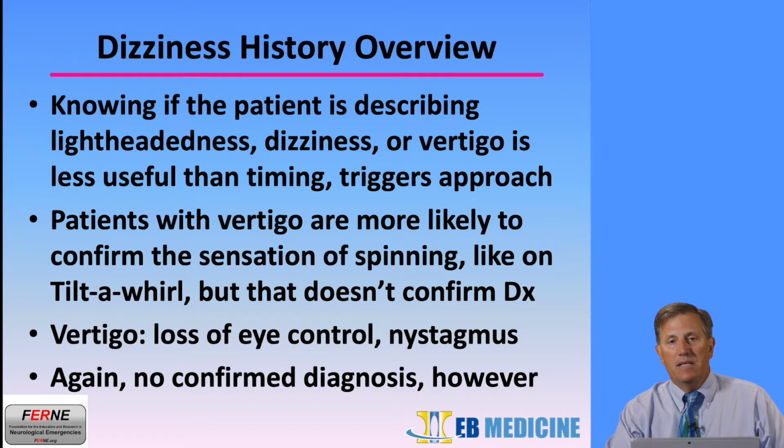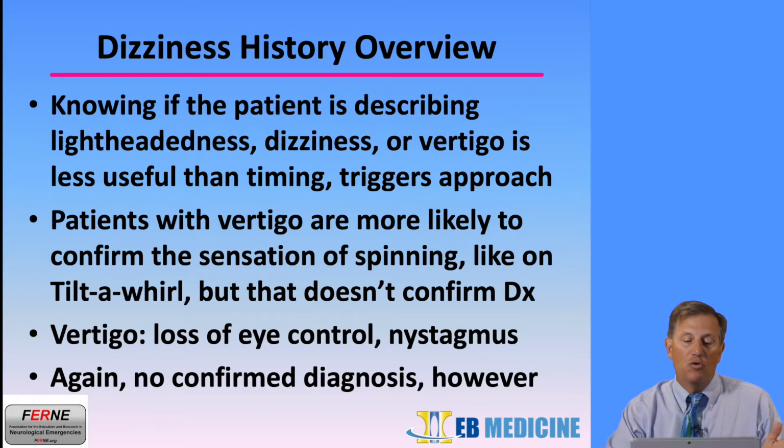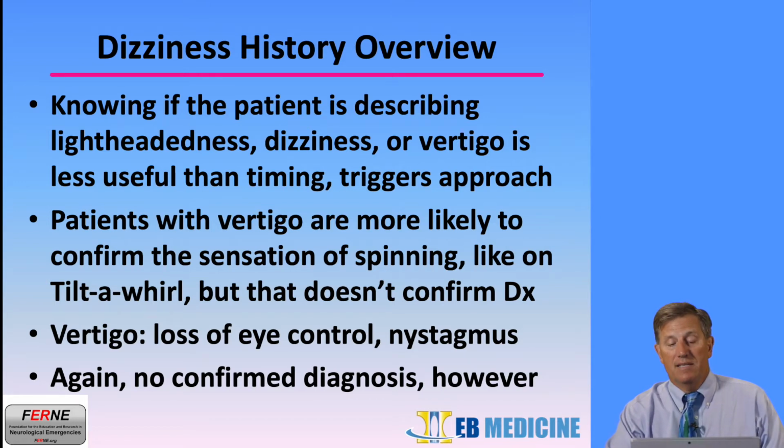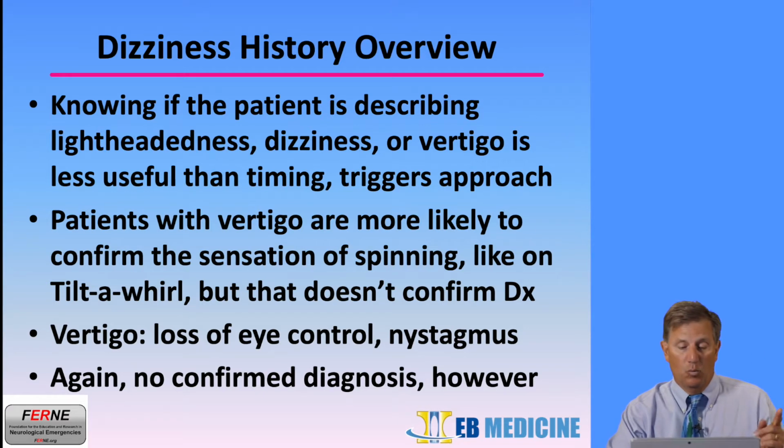Our dizziness history. An overview of the dizziness history is important because knowing if the patient is describing lightheadedness or dizziness or vertigo is actually less useful than the timing and triggers approach suggested by Dr. Edlow in this monograph. We know that patients with vertigo are more likely to confirm a sensation of spinning, like on a tilt-a-whirl, but that doesn't actually confirm any particular diagnosis.